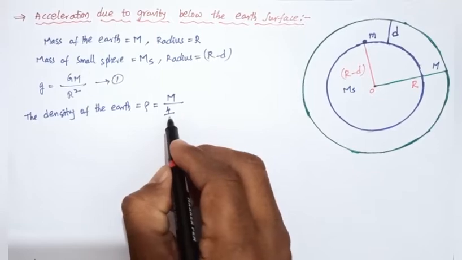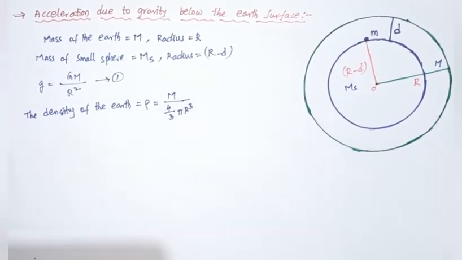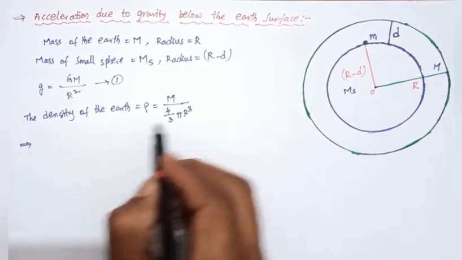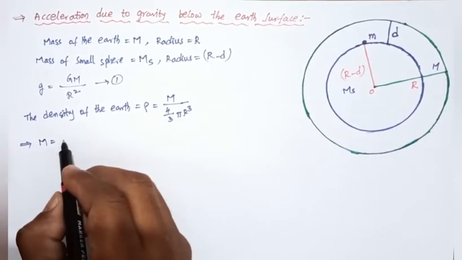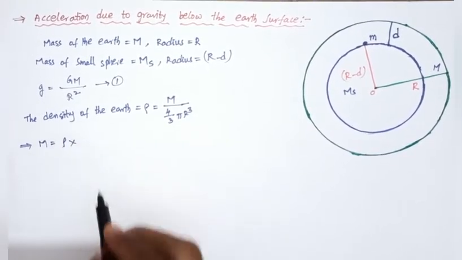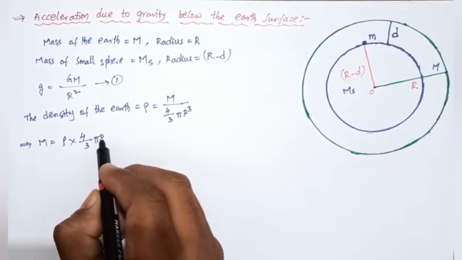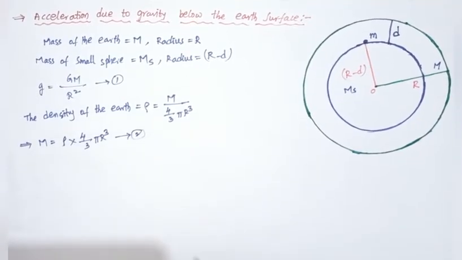The volume is 4 by 3 pi R cube. From this equation, the mass M equals rho into 4 by 3 pi R cube. This is equation number 2.